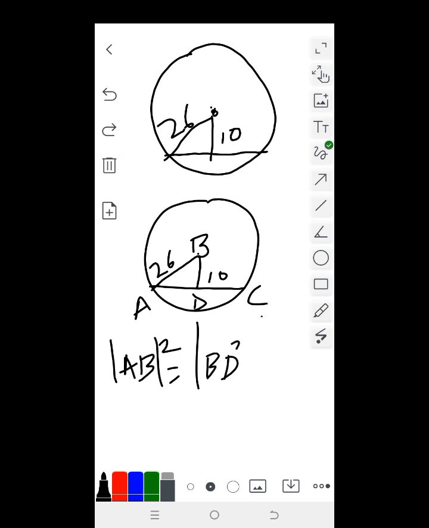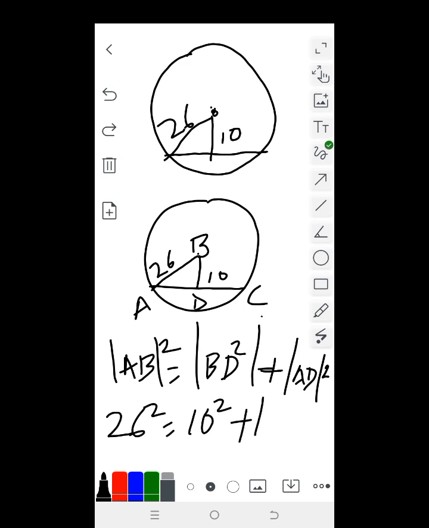Okay, from Pythagoras theorem we can see that triangle ABD is a right angle triangle, so we'll say that line AB square, which is the hypotenuse of the right angle triangle, is equal to line BD square plus AD square. Hypotenuse, Pythagoras theorem, which says that hypotenuse square equals opposite square plus adjacent square.